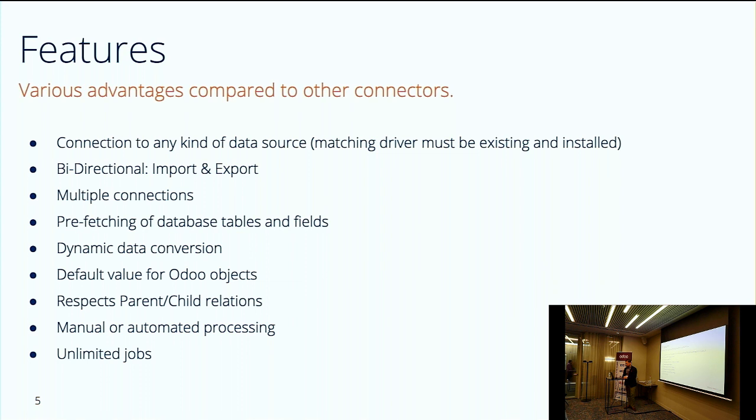Then we can have a dynamic data conversion, meaning that, for example, if a value in a field is written with a capital letter, but in Odoo it has to be written in a small letter, we can make this conversion right on the fly.